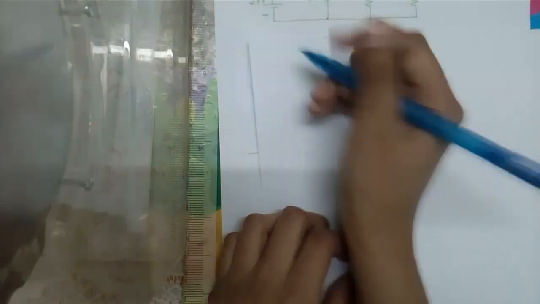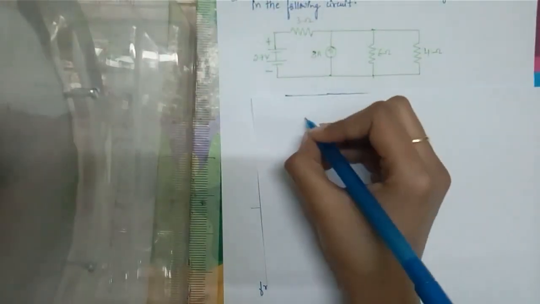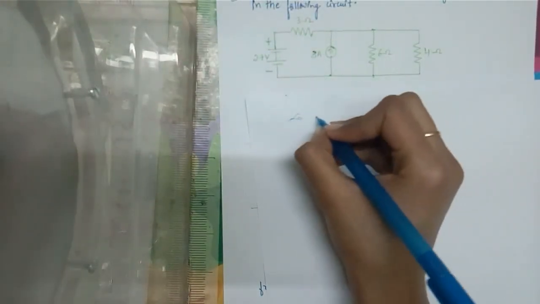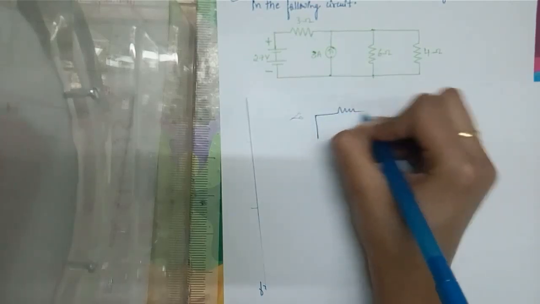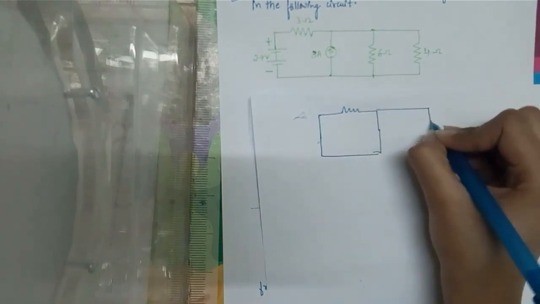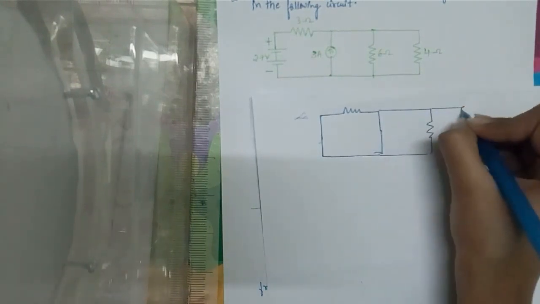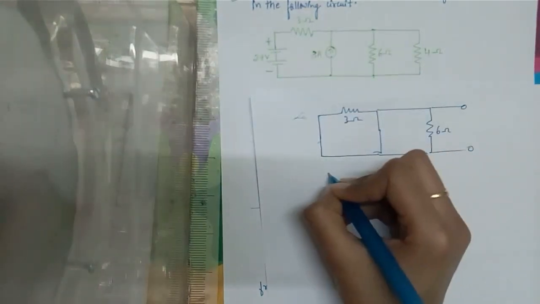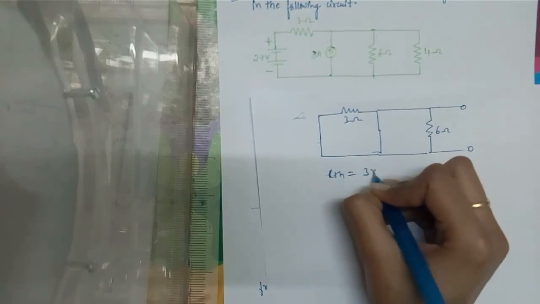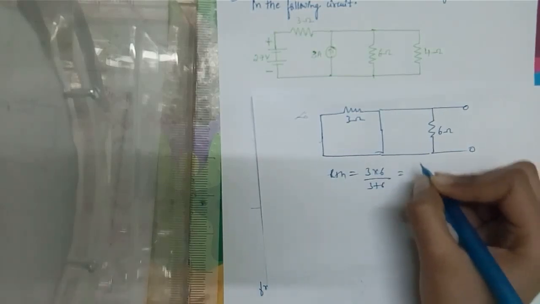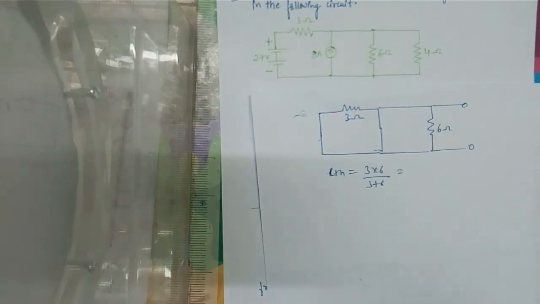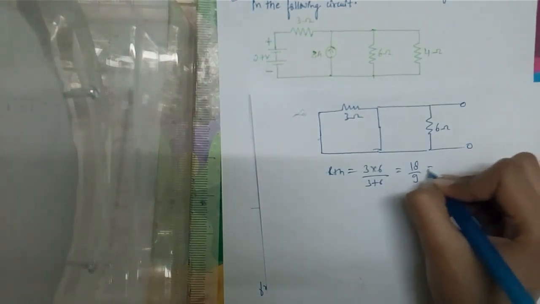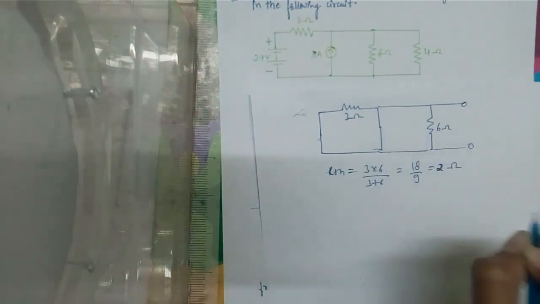Over here you can see, we'll reduce the circuit into the form in which we find the resistance, and it will be this, which are the resistances left. This is 3 ohm, this is 6 ohm. So the net resistance, that's RTH, will be 3 into 6 upon 3 plus 6. Why? Because both of them are in parallel. So this will be 18 upon 9, which is 2 ohms. So this is the RTH.